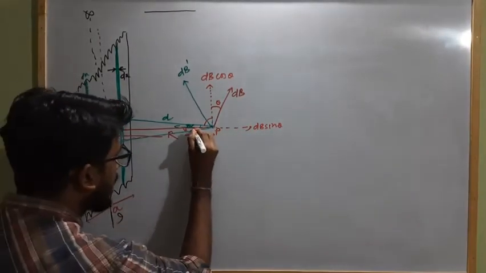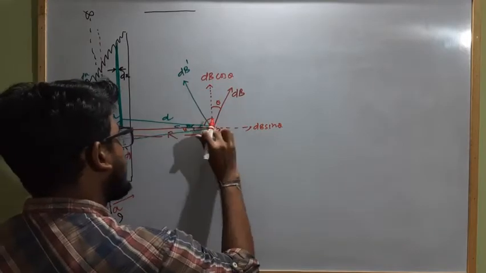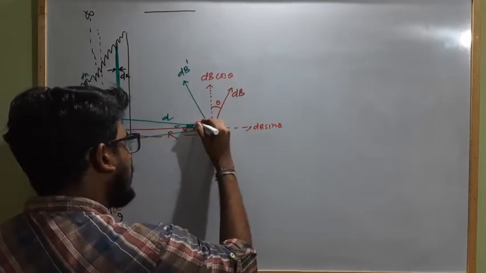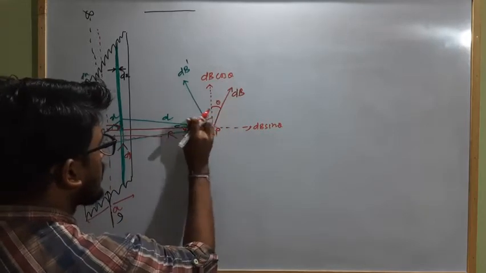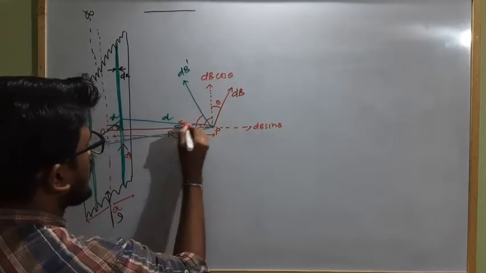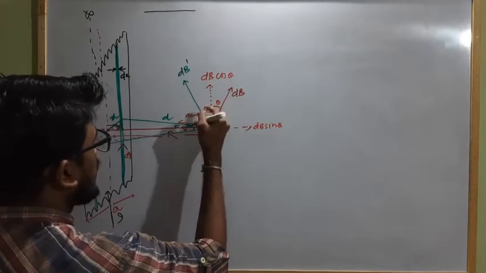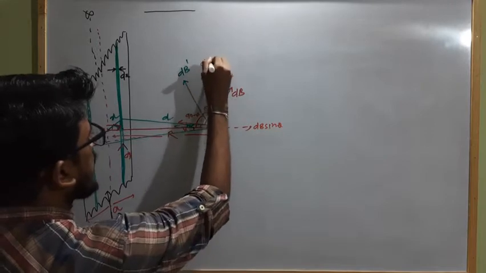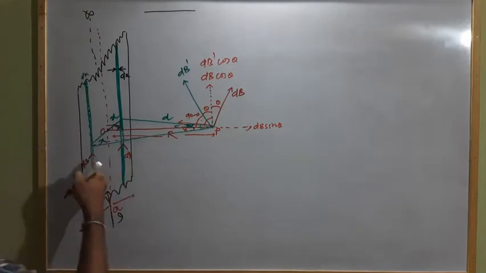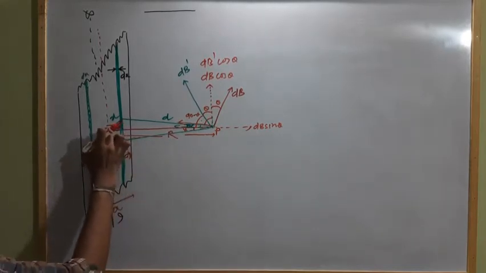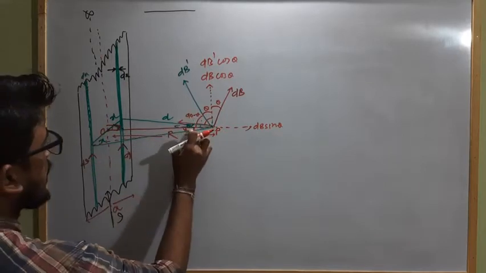This angle is theta. As this is perpendicular to this segment, this complete angle will be 90 minus theta, and this is the vertical component, this is the horizontal component. If this is 90 minus theta, this will be theta. So this will be dB dash cos theta, and along this direction dB sin theta, and dB dash and dB are both the same, as this distance is x and this distance is d for both cases, and these angles are theta and theta.